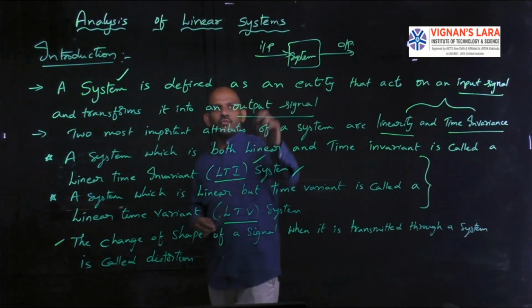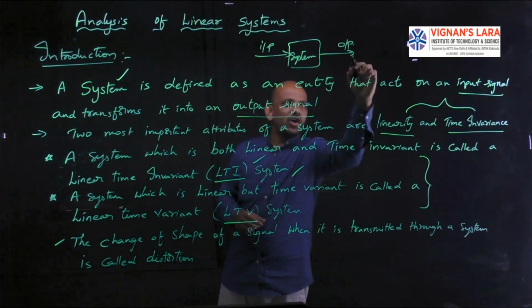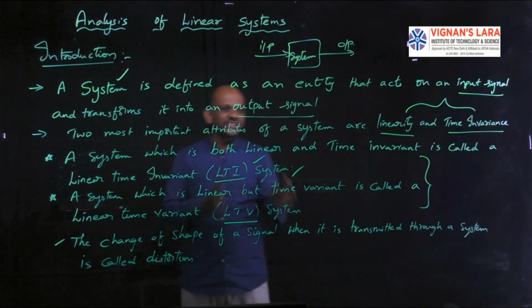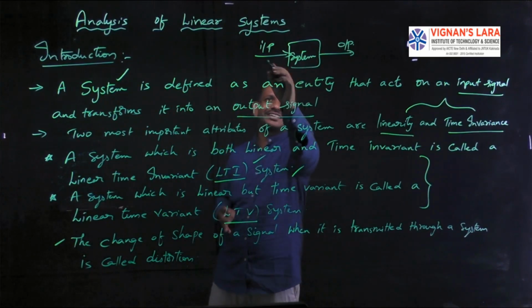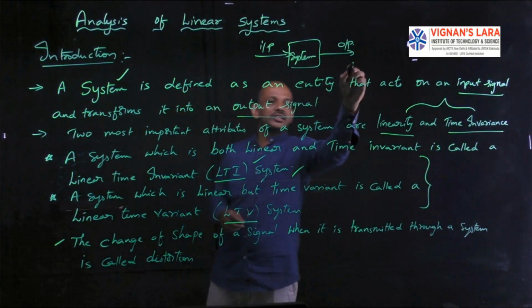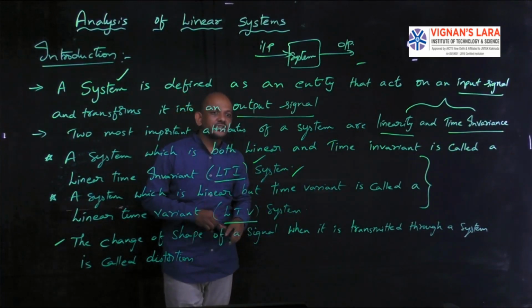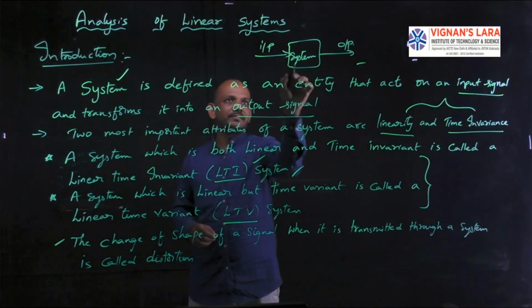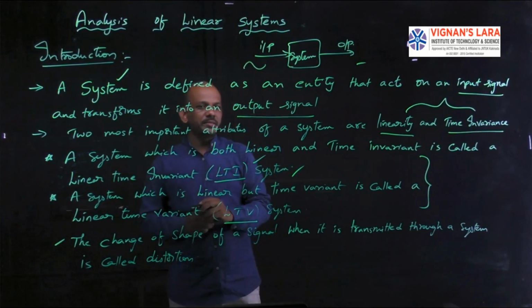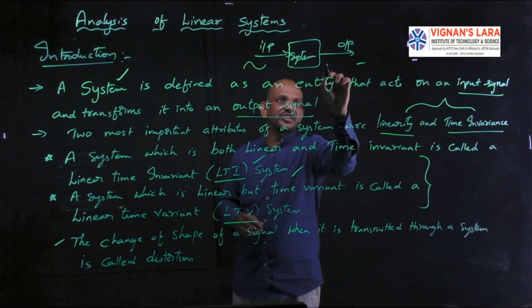While processing, if at the output there is a change in the shape of the signal that I had given at the input, then that change in the signal at the output is nothing but distortion.